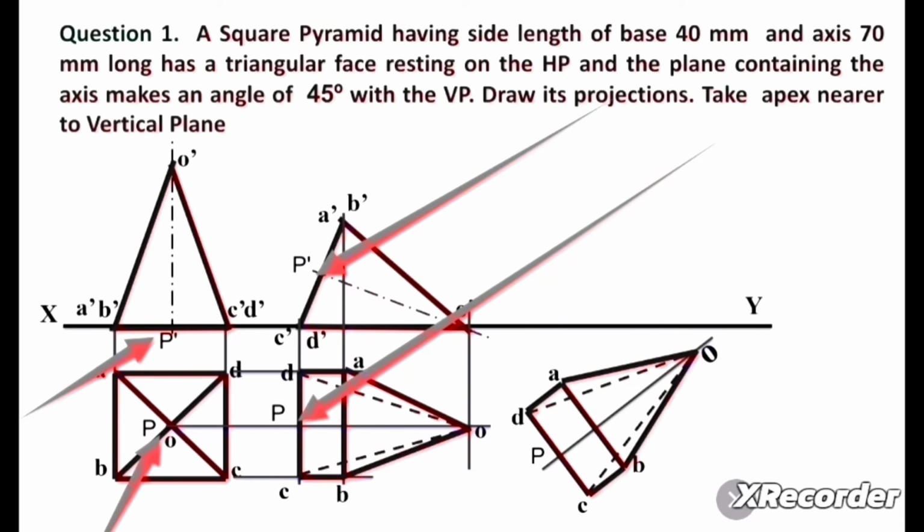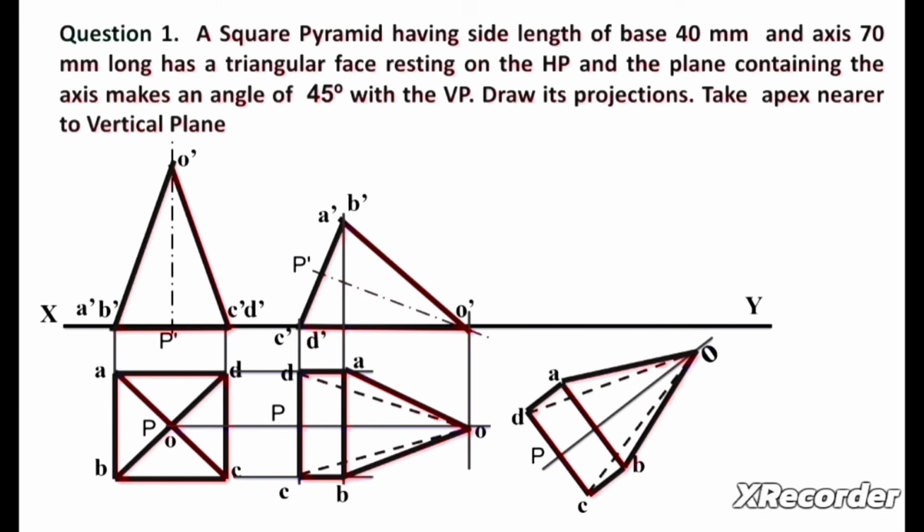Now we can take radius equal to OP. Consider O point anywhere on this line. We can take radius OP and draw one arc on this inclined line. So here we can mark point P. Now from point P we can draw this perpendicular line. These both lines are perpendicular with each other.